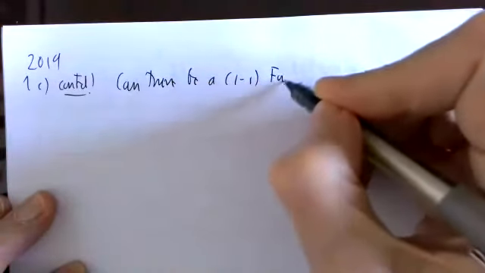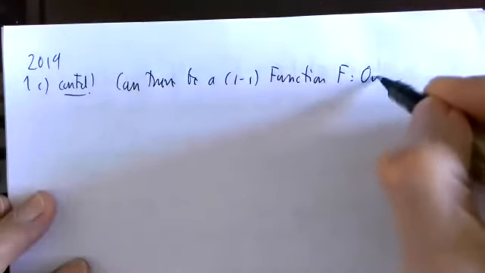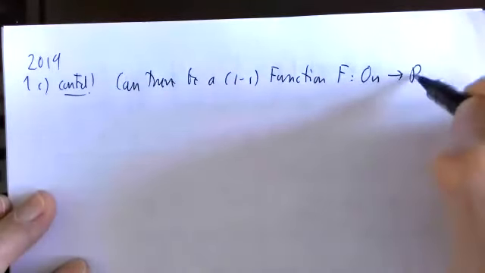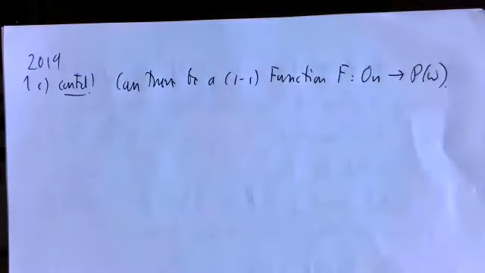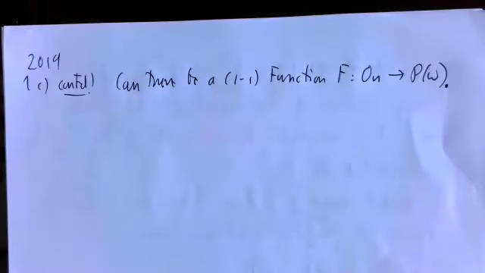Can there be a one-to-one function f from the ordinals to the power set of omega? Give your reasons.